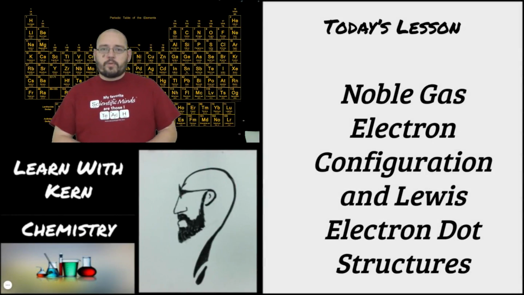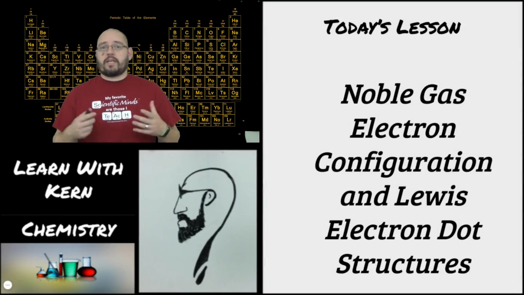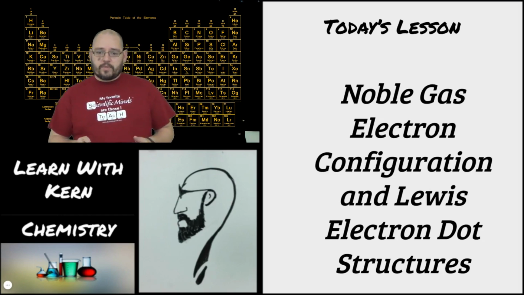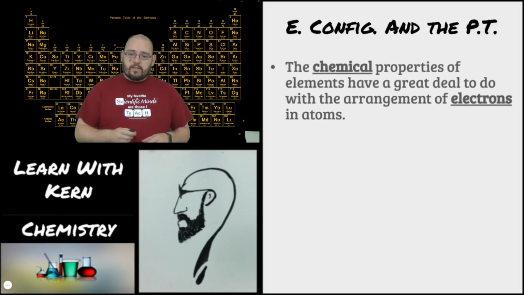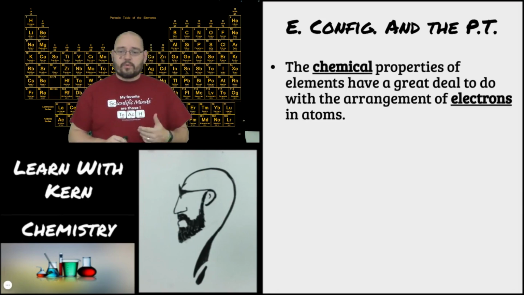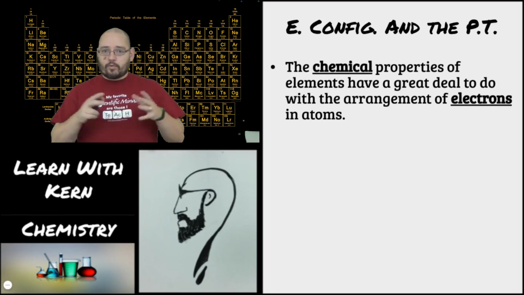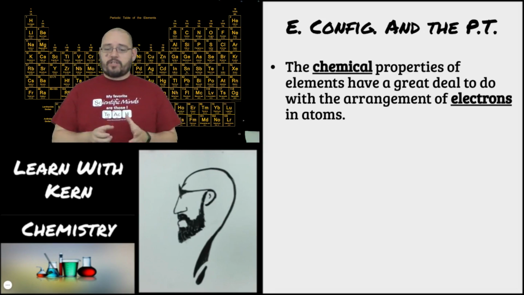Today's video, we're going to talk about noble gas electron configuration and Lewis dot structures and how the periodic table can help us understand the electron configuration of elements. So let's get started. As we talked previously, the chemical properties of elements are determined a great deal by the electrons and how those electrons are arranged in the atom.